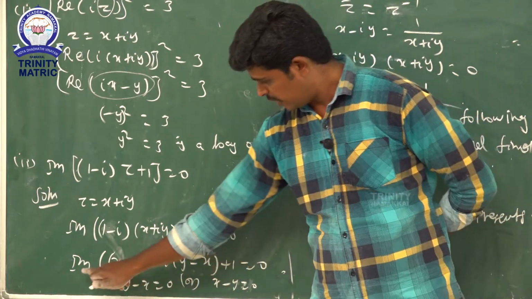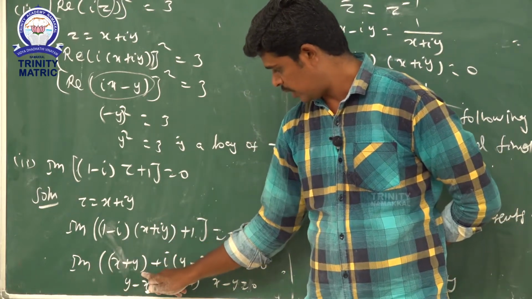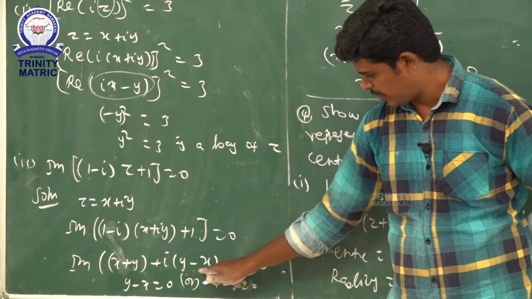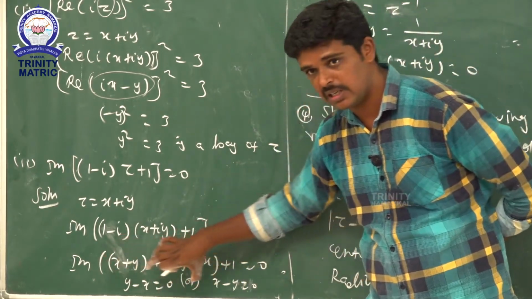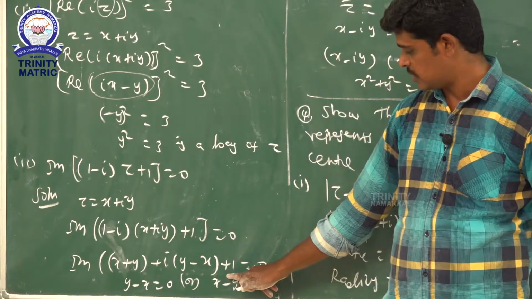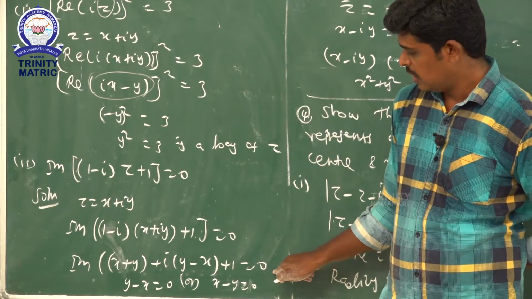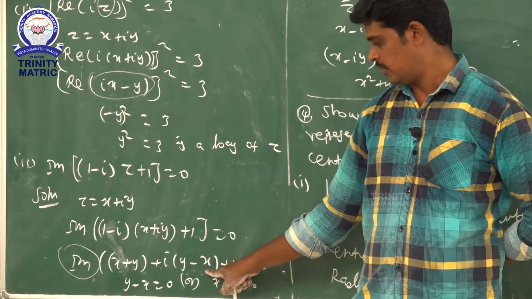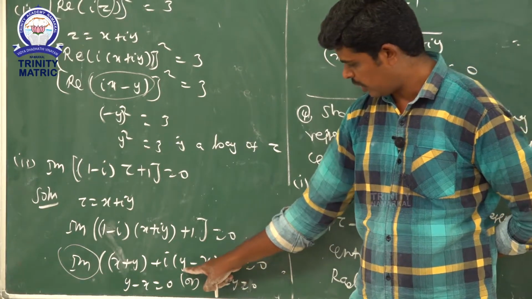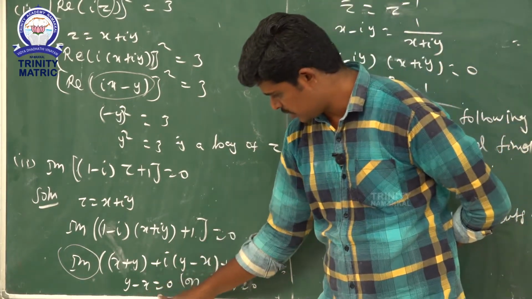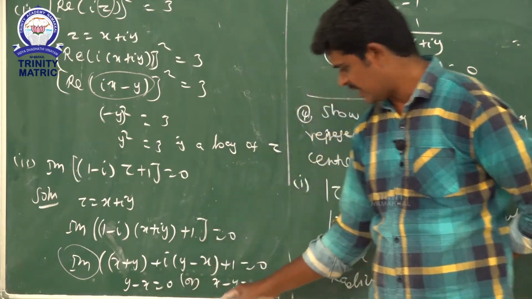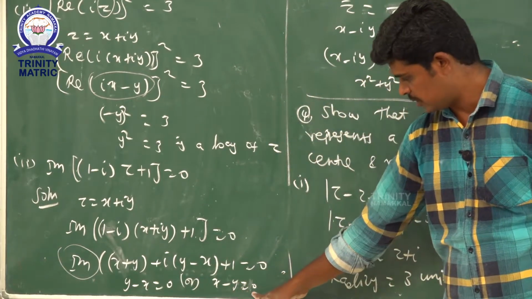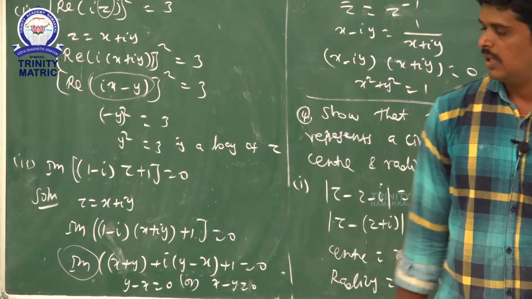Finally, x plus y plus i into y minus x, this is a real part. Here plus 1 is also real part, equal to 0. Here imaginary கேட்டதனால நான் i term மட்டும் எடுக்கிறோம். சரியா? The imaginary part y minus x is equal to 0. Here sign changes. Finally, x minus y equal to 0 is the locus of z.